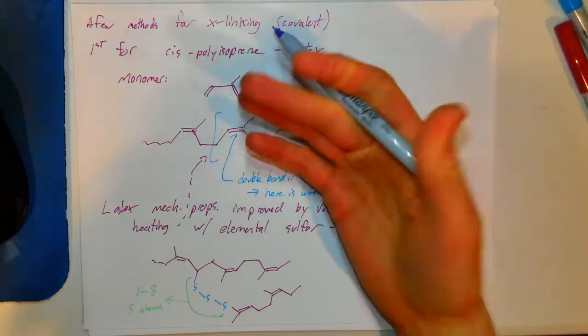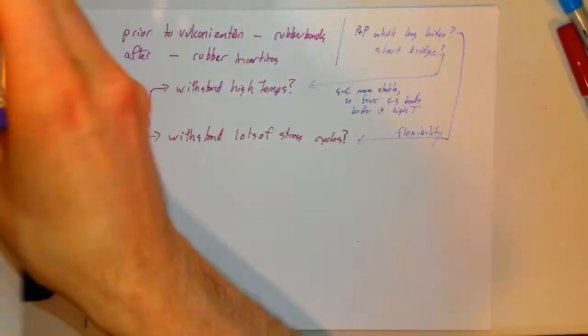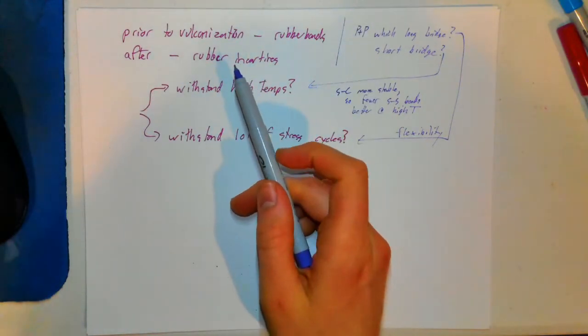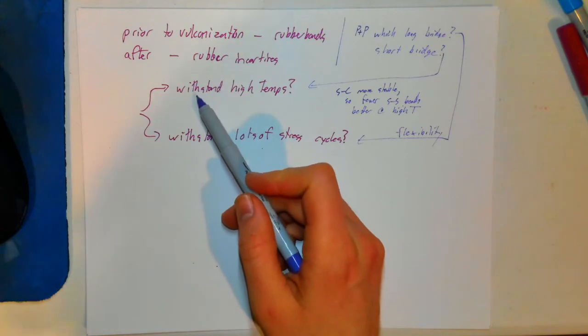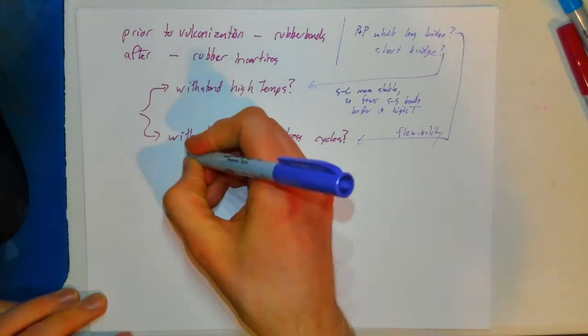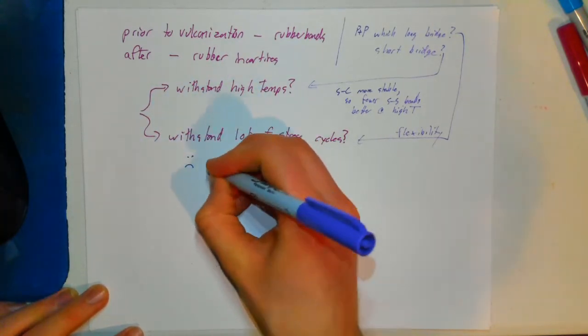So for biomaterials, we can certainly use this for things like latex gloves, and we can certainly use this for applications like car tires that need to withstand intense mechanical stress. But in terms of implants, not very good for implants. Neither is good for implants.